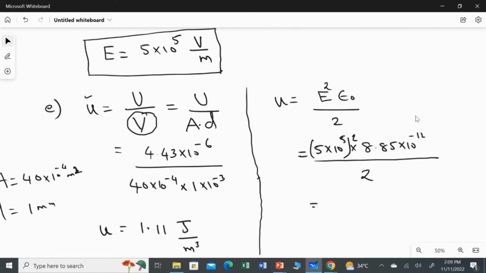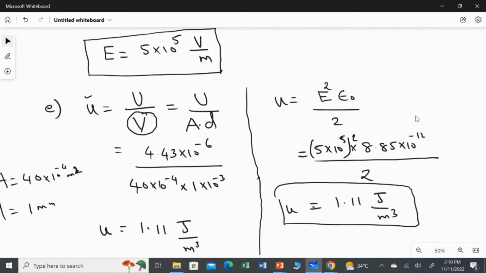Okay, so better I use the square here. Yeah, exactly the same answer. So I got the value as 1.11. If you substitute the unit for electric field and epsilon naught, you get the unit as joules over meter cube. So this is the answer for the last question.